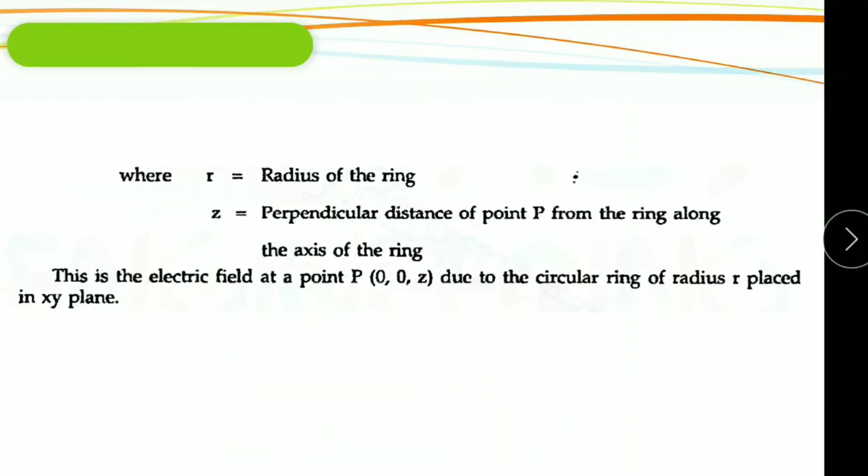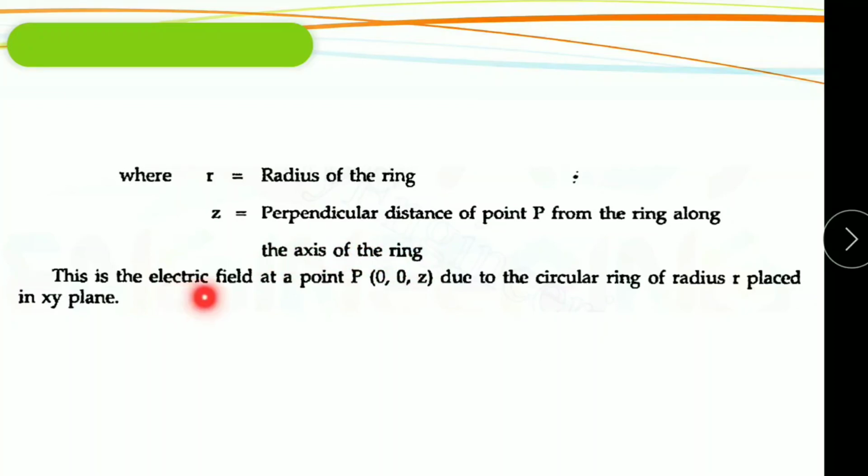Here r is the radius of the ring and z is the perpendicular distance of the point P from the ring along the axis of the ring. The axis of the ring is an imaginary line which passes through the center of the ring.